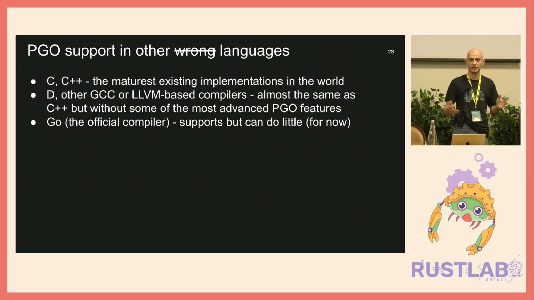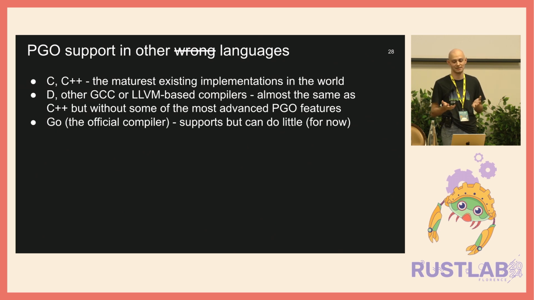Go, since we have a GoLab conference here, Go added support in the main compiler in the last year. They decided to choose another way, and they implemented only sampling PGO without any instrumentation. The reason was simple, because Google uses only sampling PGO in their production, and that's their technology.